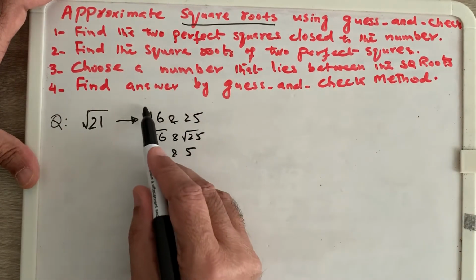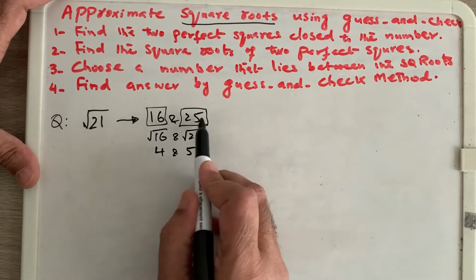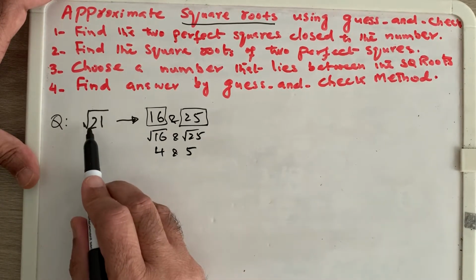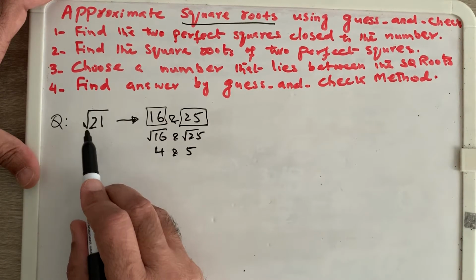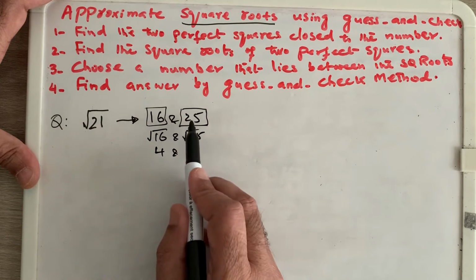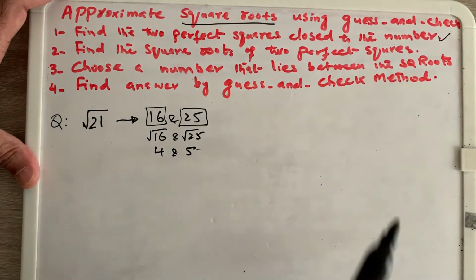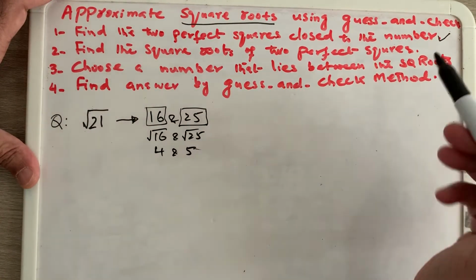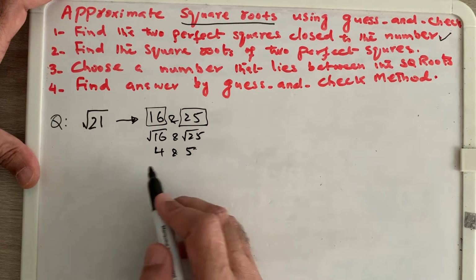First find out 2 numbers and then find out their square roots. So first we determine the 2 closest numbers to our question number, which is under root 21. The 2 numbers are 16 and 25. So the first point is done. Then the second point, find the square roots of the 2 perfect squares, which are 4 and 5.